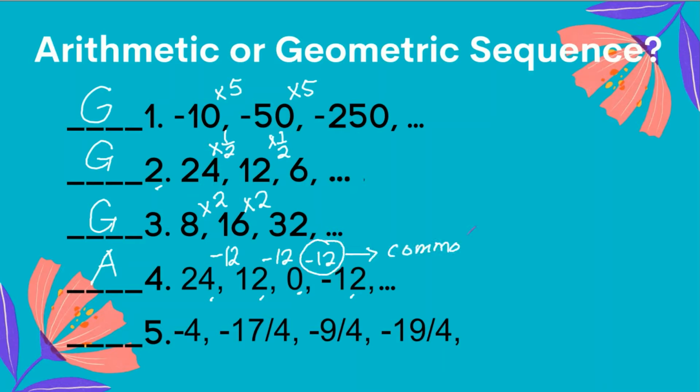Okay, next, number 5, negative 4, negative 17 fourths, negative 9 fourths, negative 19 fourths. Is that arithmetic or geometric sequence? Okay, so this is also an arithmetic sequence, and the common difference is negative 1/4.